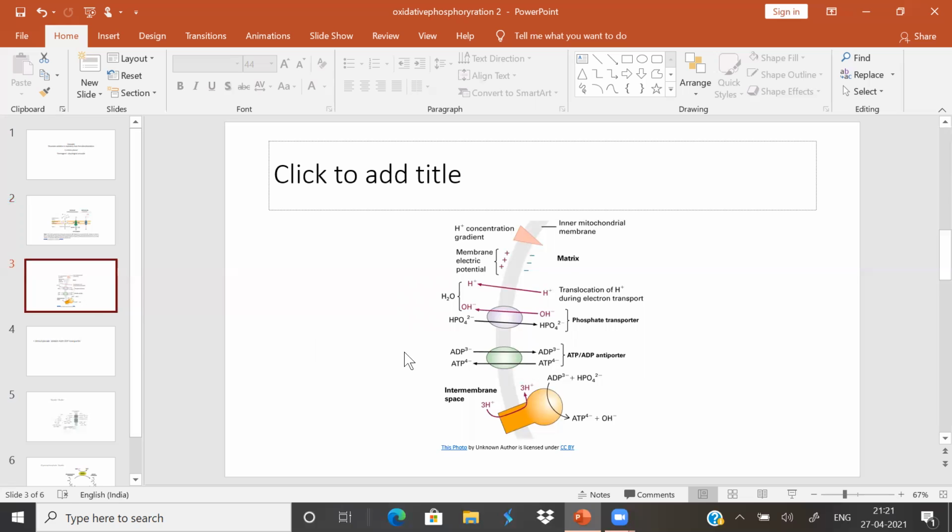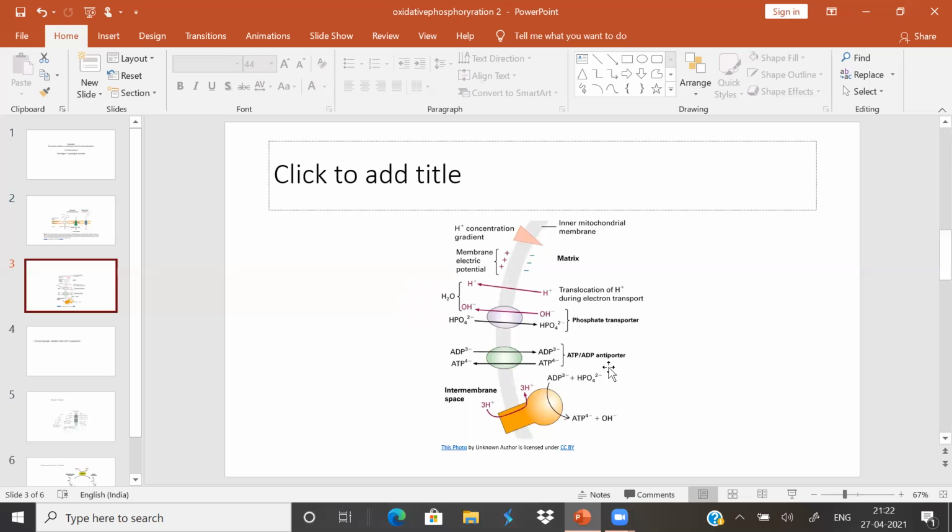Now, the shuttle mechanism. First, the transporters. The inner mitochondrial membrane contains several transporters. One important transporter is the ADP-ATP antiporter.